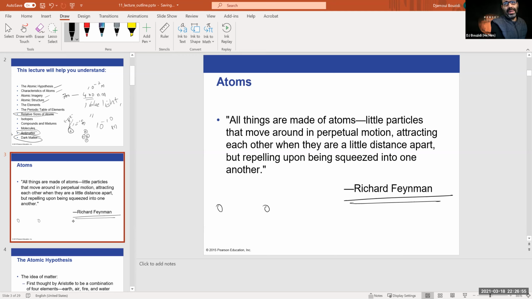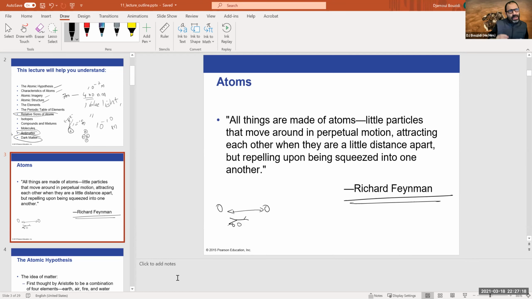You have an atom in here and an atom in here. They get too close to one another, they pull one another. Try to make them even closer, they repel one another. That is basically what's going on in this case. That's how you understand solids, and you understand liquids, and you understand gases later on, okay?